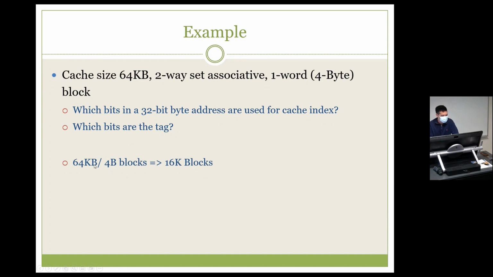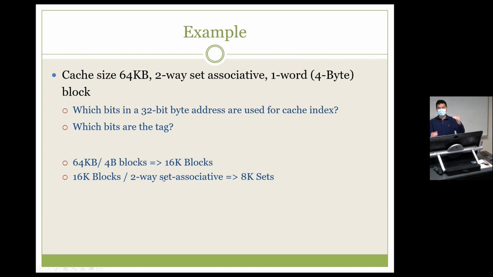So we have 64 kilobytes of total memory space, and we have 4 byte blocks. So we're going to have 16,000 blocks. But we are 2-way set associative, so we only have 8,000 sets.